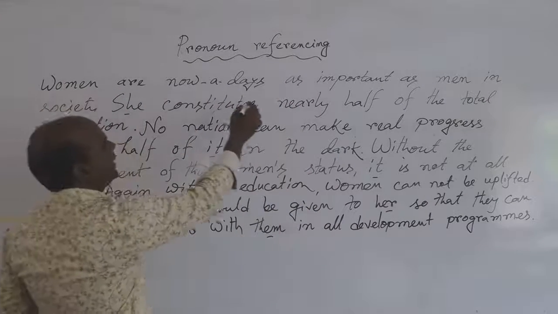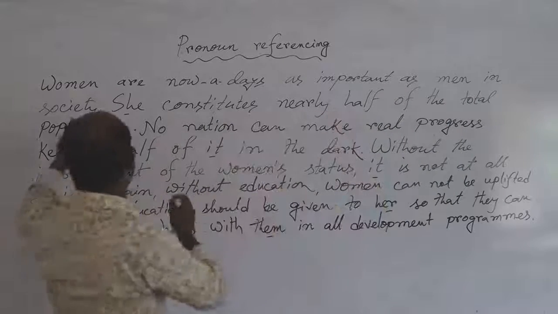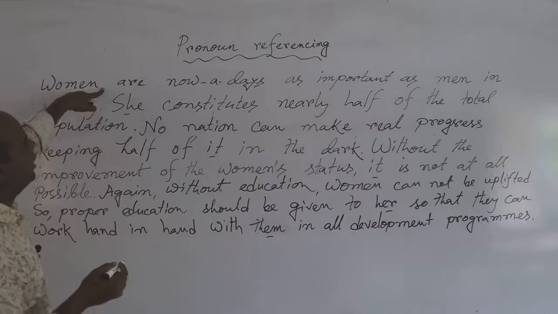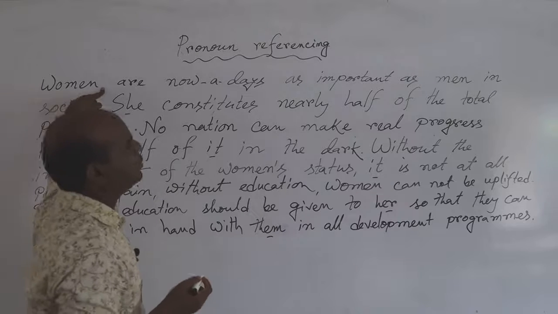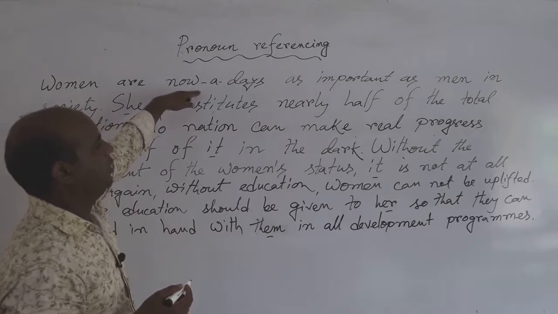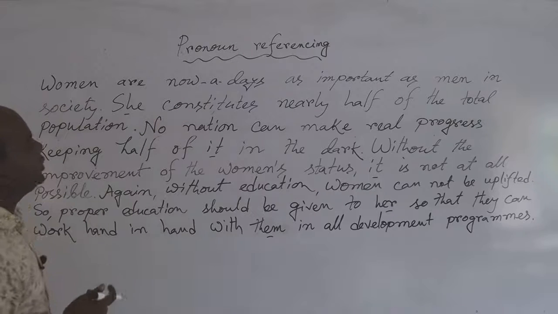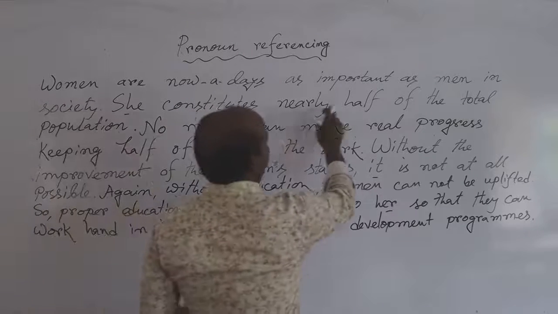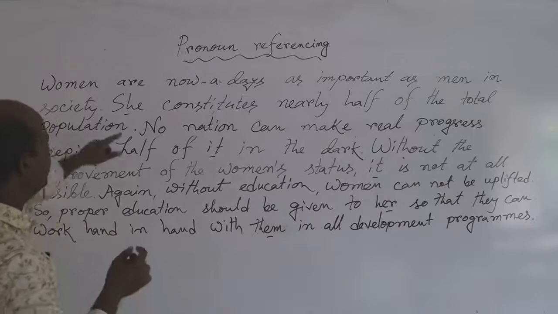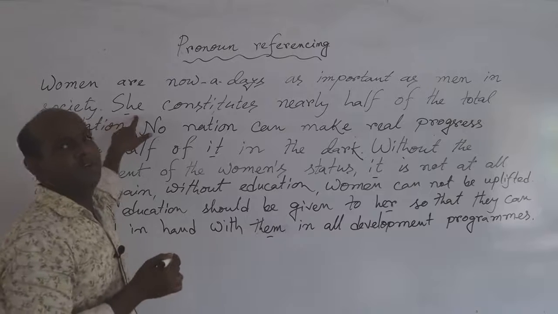Women are nowadays as important as men in society. Here is a sentence, but we cannot find any pronoun, so we don't need to correct a pronoun. In the second line, she constitutes nearly half of the total population. Here she is a pronoun.